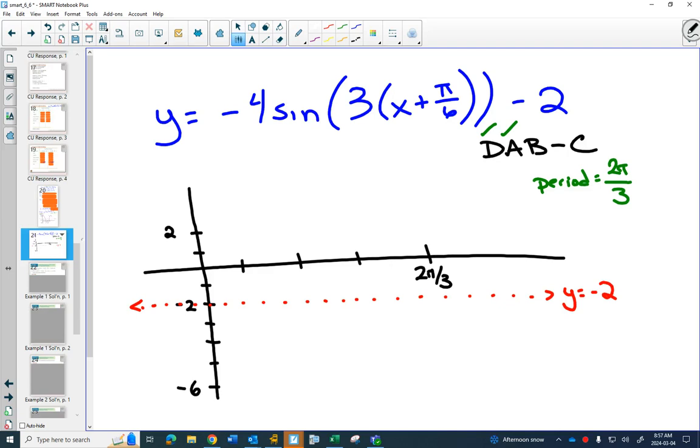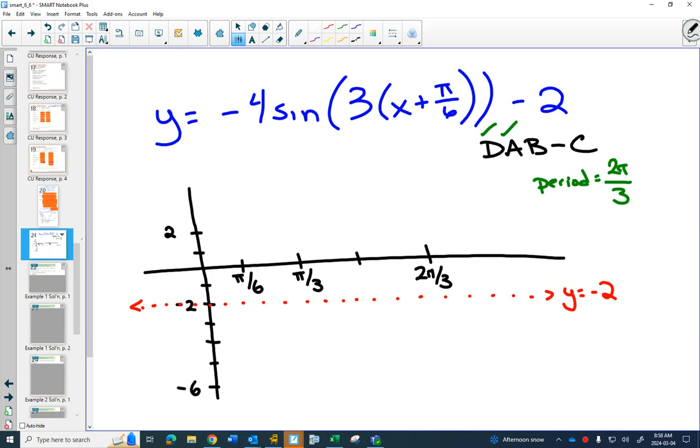When labeling those sections, it's always easiest to label the middle one first, because you just take the 2 pi over 3 and cut it in half. Half of 2 pi over 3 is pi over 3. Then half of pi over 3, you can think about multiplying by half. That would just multiply that denominator by 2 and give us pi over 6.